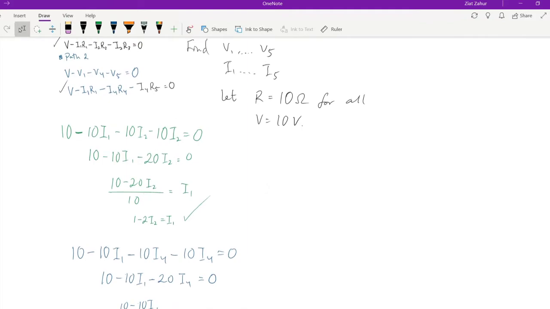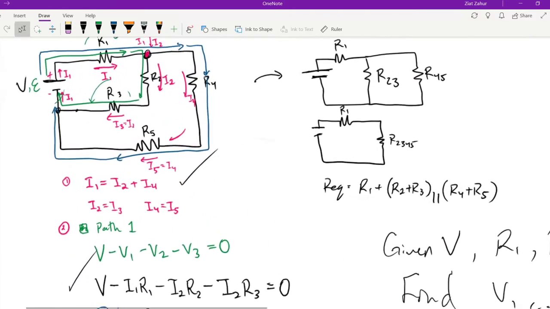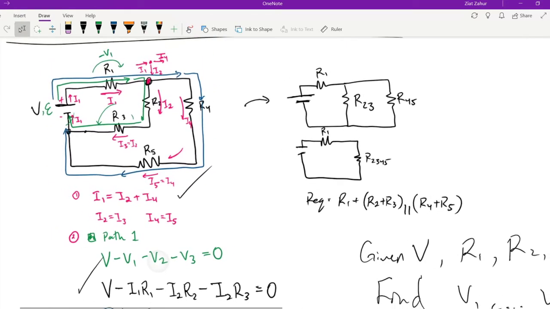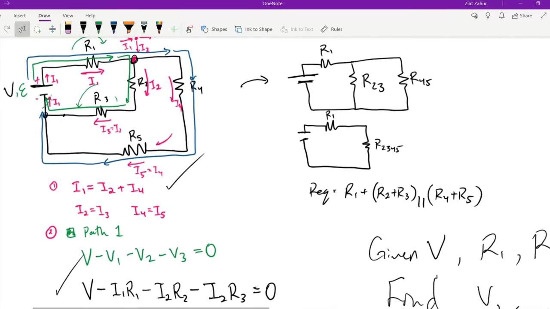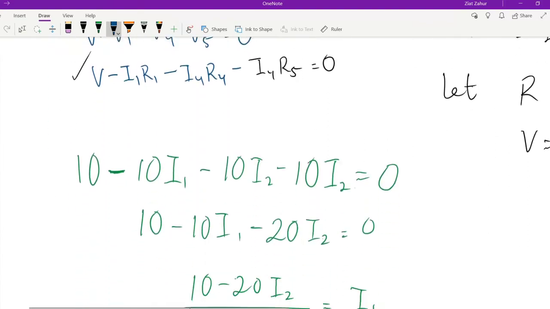Did I miss any other junction rule? I may have missed a junction rule. Oh, I1 is equal to I2 plus I4.